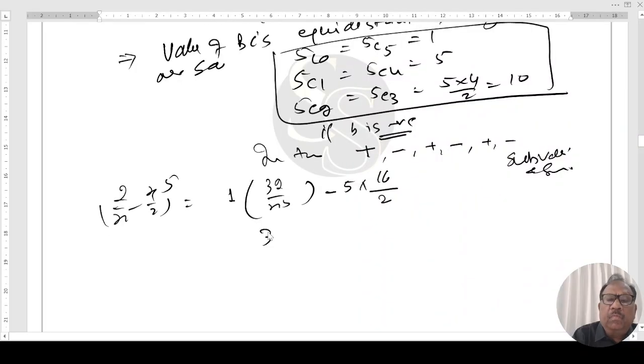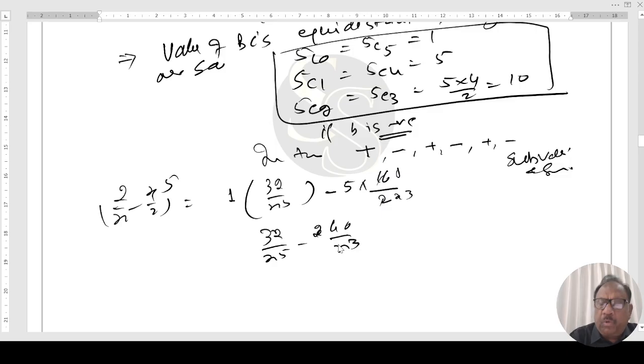तो 32 upon x की power 5 minus this comes out to be x cube, x cube minus 28 40 x cube.